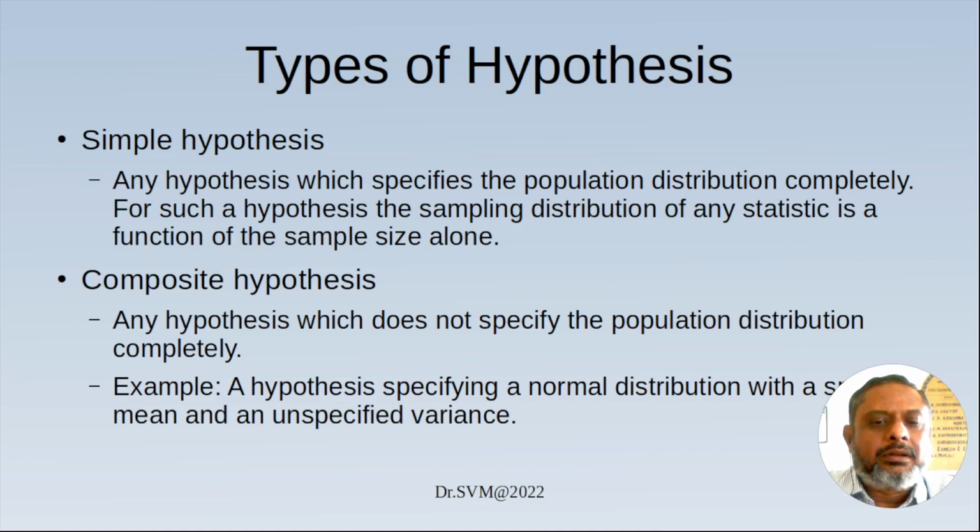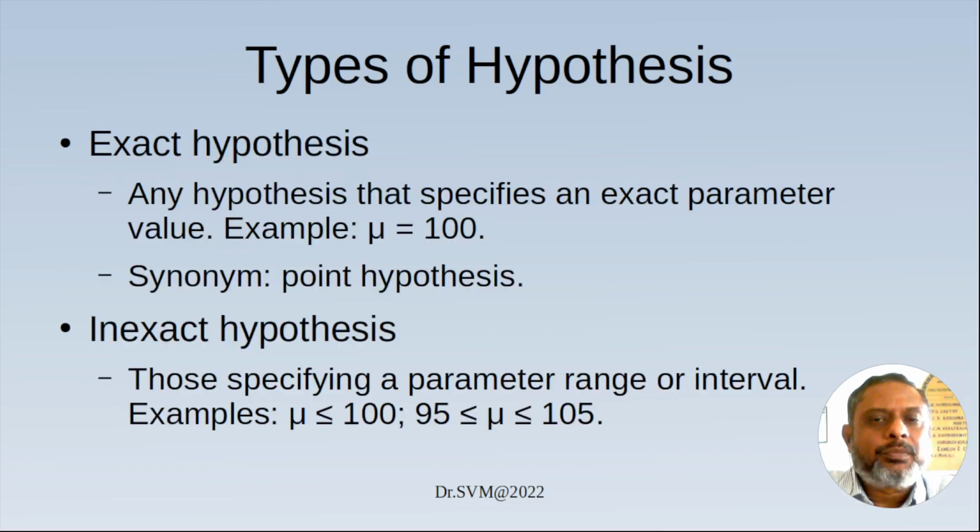So here the hypothesis is specifying that the distribution is normal, but we don't know the variance, we know the mean. So incomplete information is available, then we are doing composite hypothesis. When complete information is known, like we know that the distribution is normal and mean is also known, variance also known, then we can think of simple hypothesis.